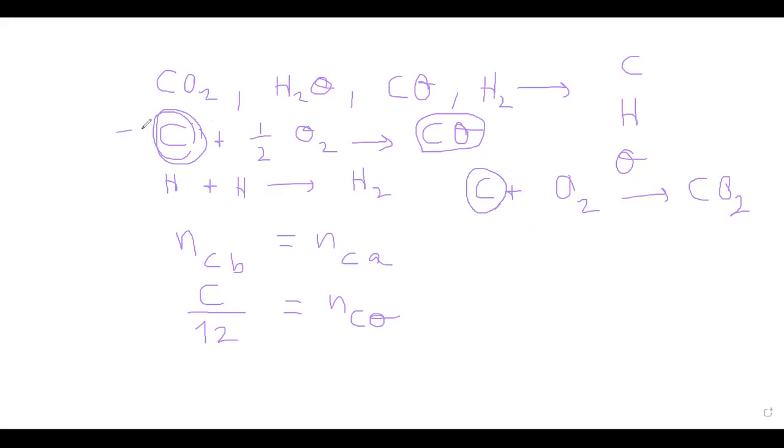Since the first is equal to the number of kilomole of CO, and the second is equal to the number of kilomole of CO2, we can say that C over 12 is the number of kilomole of CO plus the number of kilomole of CO2. So from the first element analysis, we were able to find equation number 1.